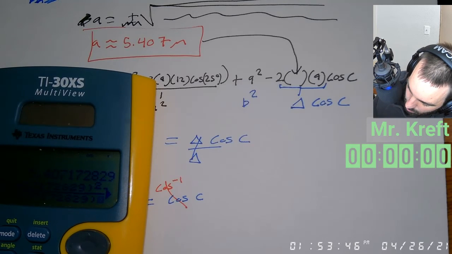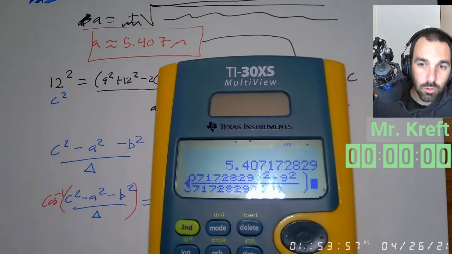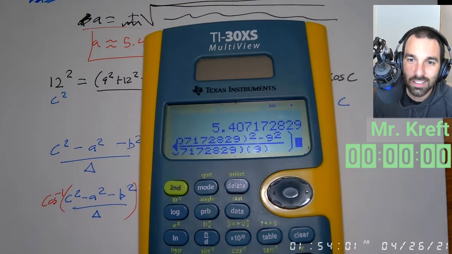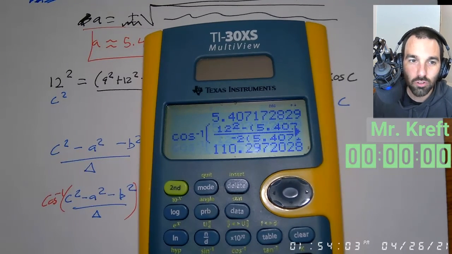And then what's B? B is 9. And then I close the parenthesis. Okay, so it takes me longer to type it into my calculator than it does to actually solve it. That's how it should be, right? Because then the calculator punches it out.